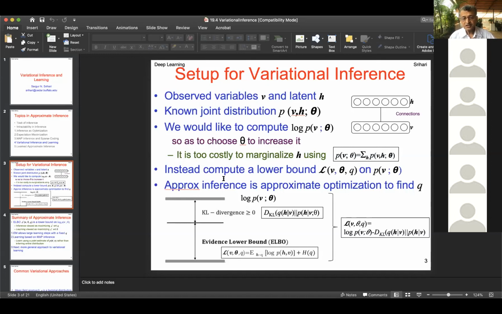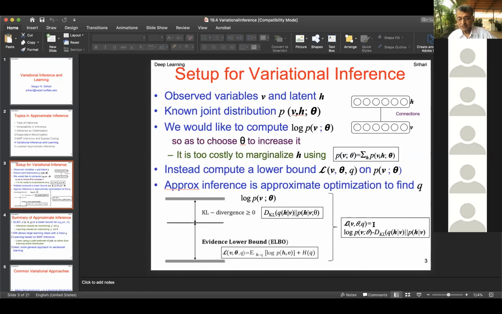So we're saying instead of computing this P(v; theta), compute a lower bound L(v, theta, Q) on P(v; theta). That's where this whole thing about the ELBO comes into play. So log P(v; theta) is the value given between the 2 gray lines here. And we are saying, let us compute this evidence lower bound, which is this line. It's not anything magical at all.